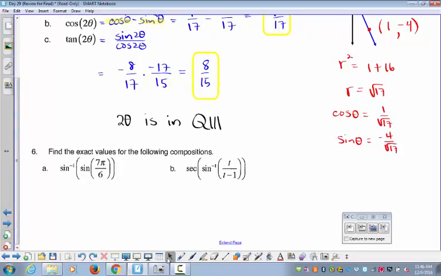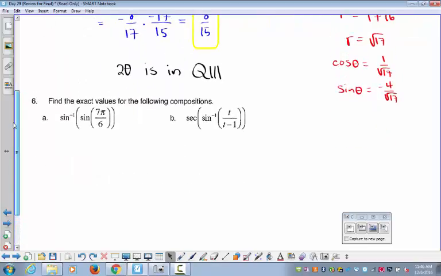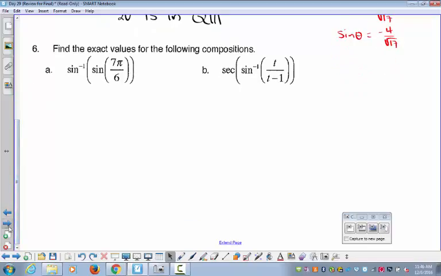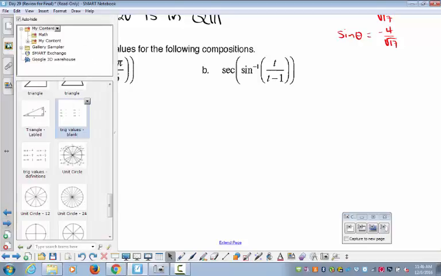I'll do a few compositions. So one thing that we have to remember, let's put this at the bottom of the page. So inverse trig functions are angles.